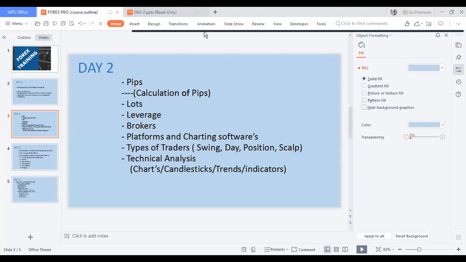We'll be looking into pips. We'll look into lots. Then we dive into leverage. We'll now go into brokers. We'll also talk about platforms and charting software. We'll talk about types of traders. We'll talk about technical analysis. So this is all we'll be doing today.